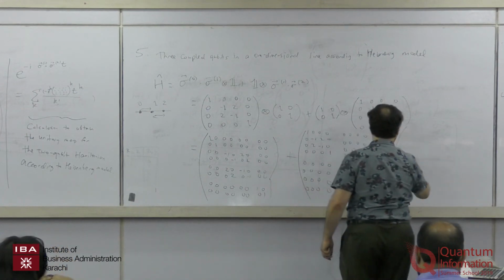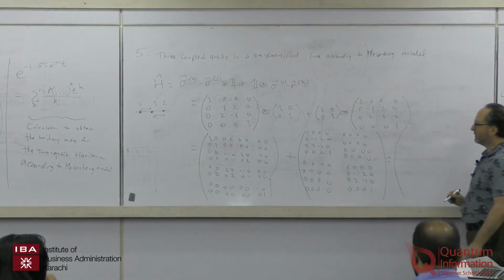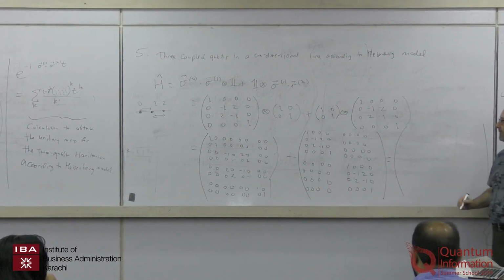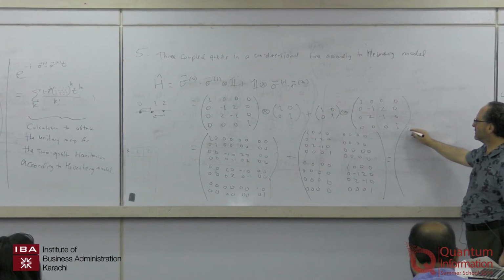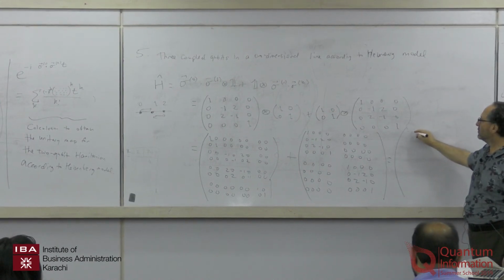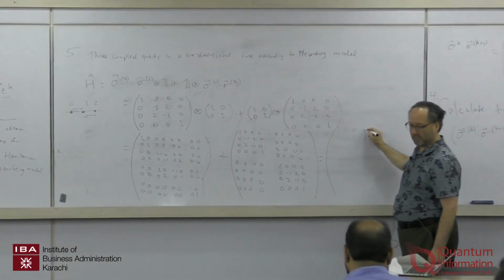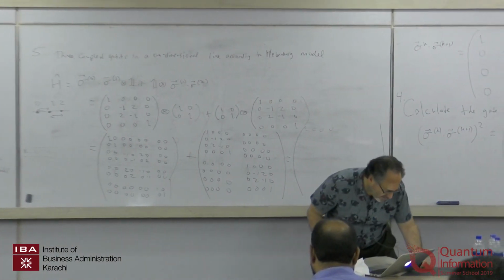And then finish it with this: just do one row, not blocks. 2, 0, 0, 0, 7 zeros.